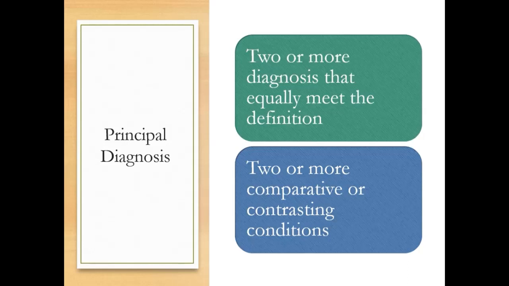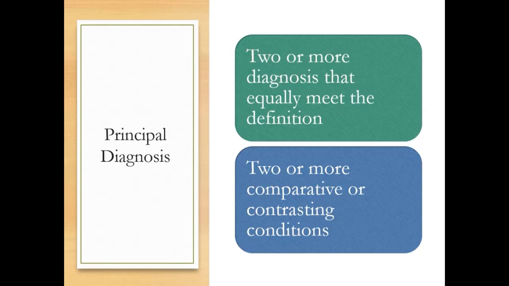The guidelines state that either of these diagnoses may be sequenced first. And you also want to consider whether the alphabetical index, the tabular list, or other guidelines in our code set are giving us any other options.